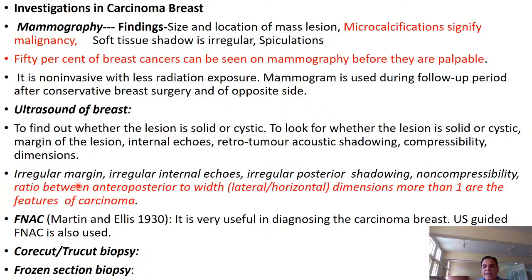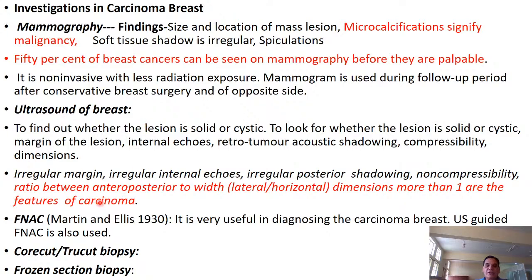Irregular margin, irregular internal echoes, irregular posterior shadowing and non-compressibility. Other benign conditions can be compressible, but malignancy is non-compressible. And this is for the higher level: the ratio between AP and lateral diameter is more than 1. That means the anteroposterior growth is more.